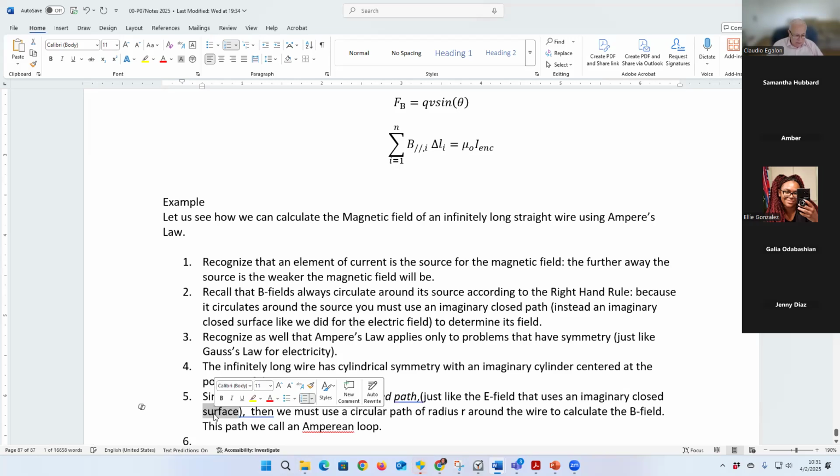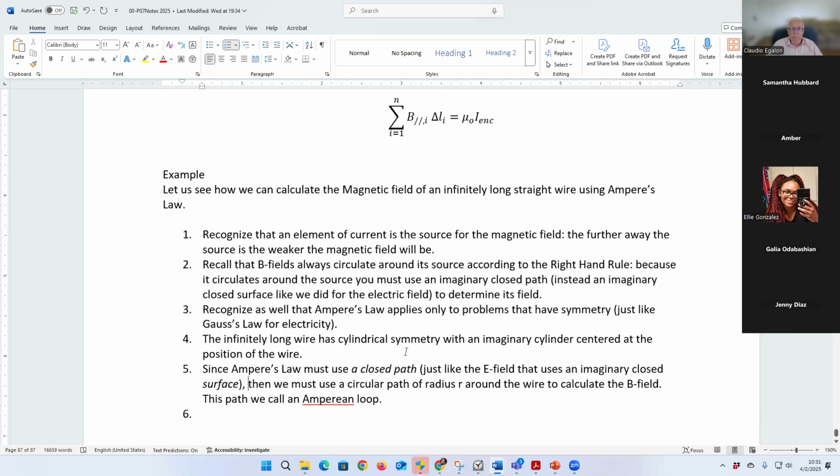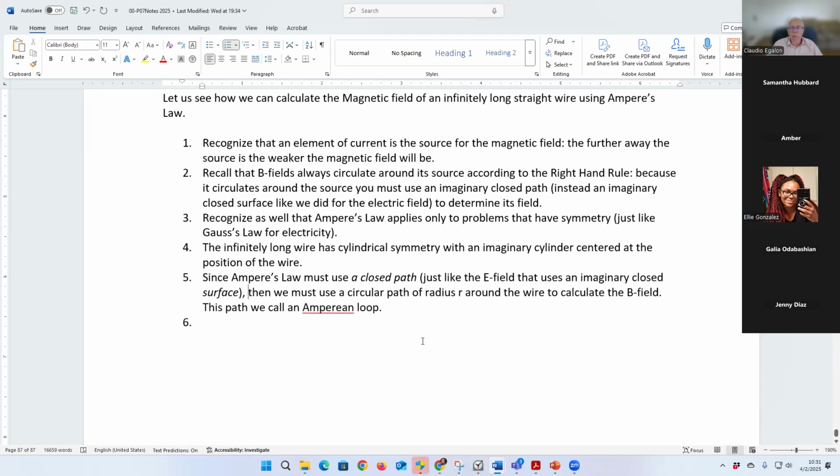Closed surface. That's the difference between Gauss's law for the electric field and Ampere's law for the magnetic field. Then you must use a circular path of radius r around the wire to calculate the B field.